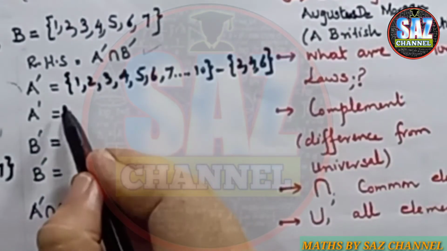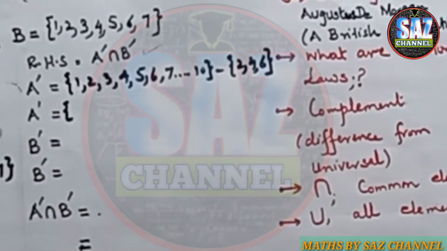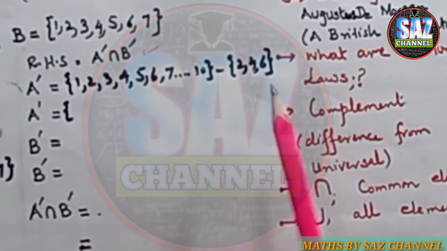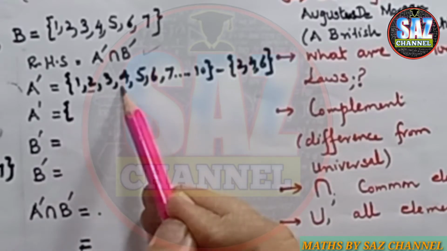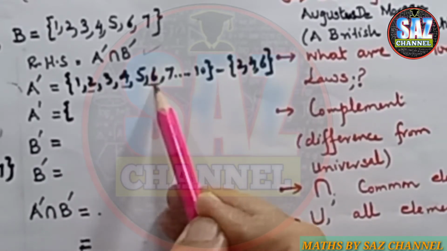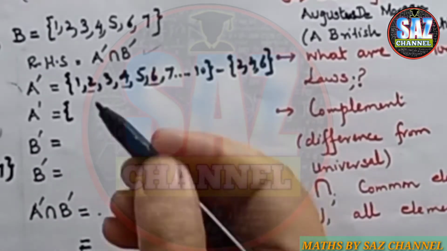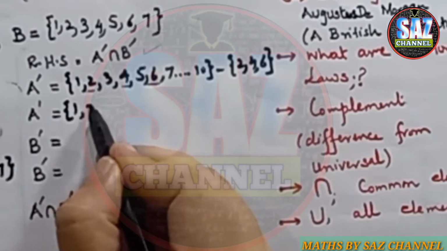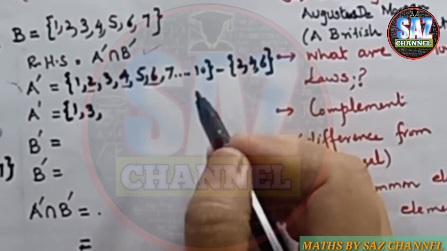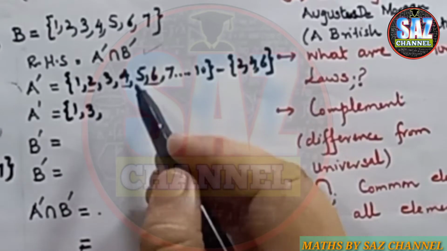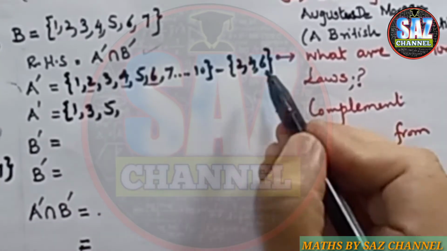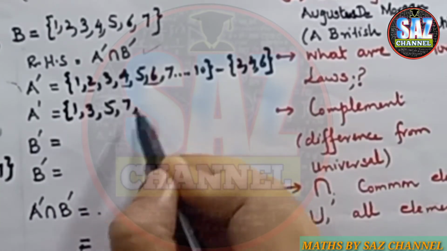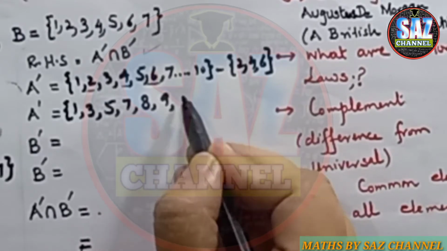Now I have to remove these elements 2, 4 and 6. I have to exclude these elements, and my A complement will become 1, 3, then I do not have to write 4, then 5, then I do not have to write 6, 7, 8, 9 and 10.